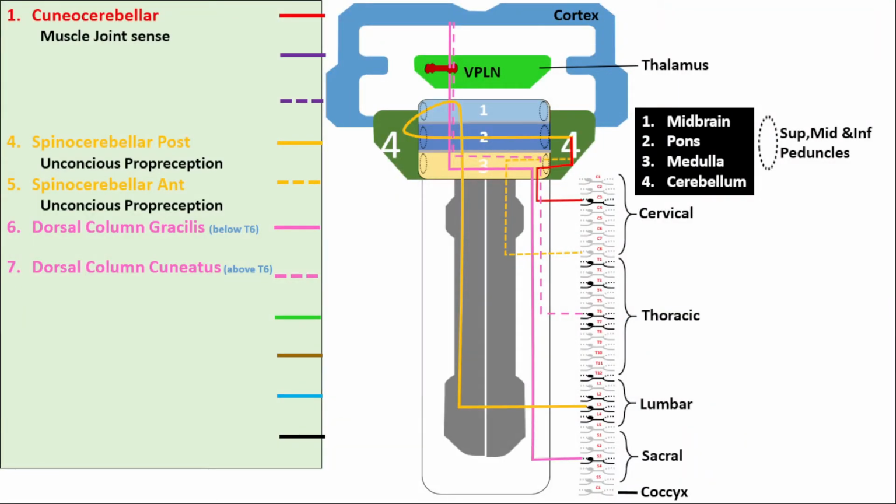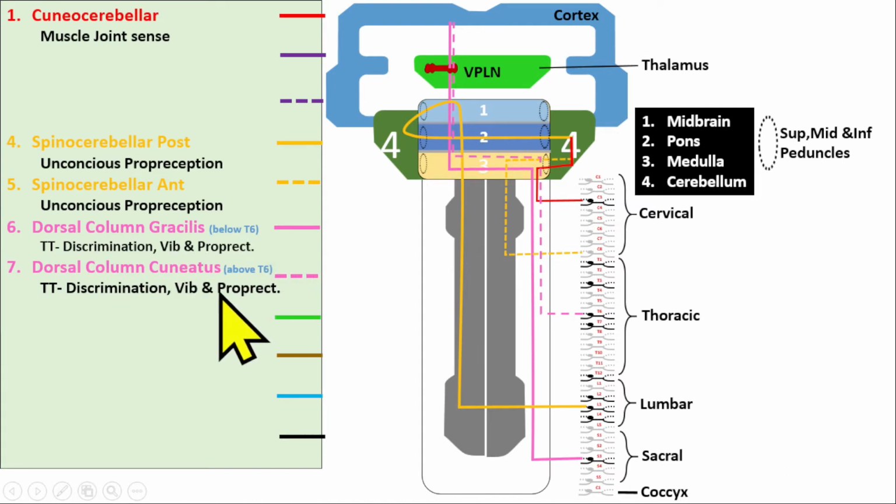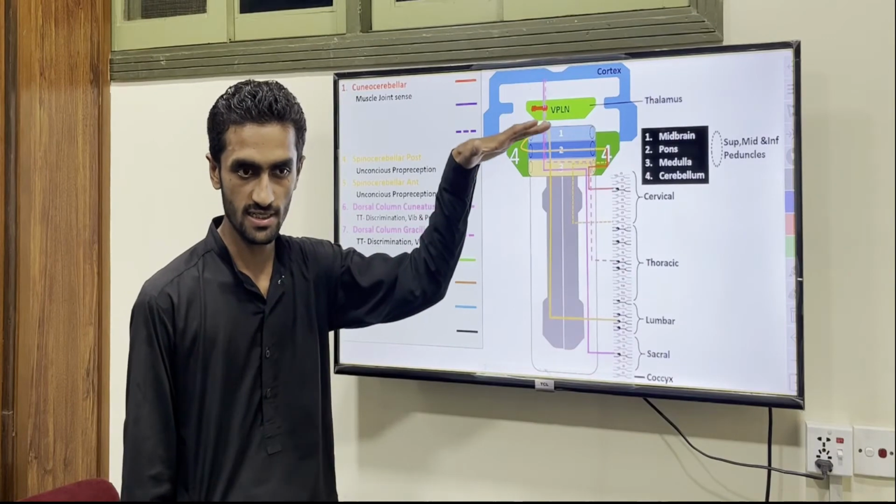Below T6 is your gracilis, the dorsal column gracilis. Their function is discrimination, vibration, proprioception, both. One is for below and one is for above T6.